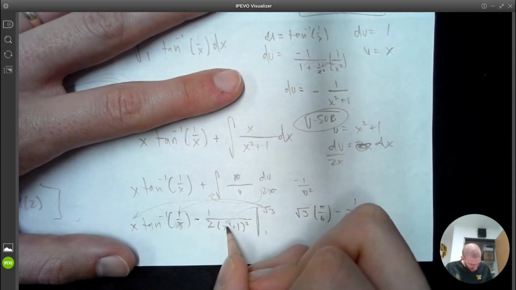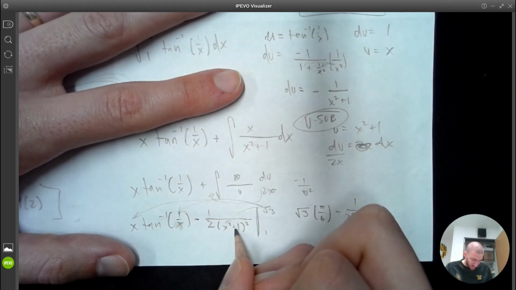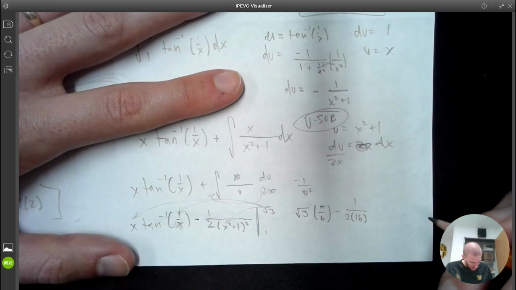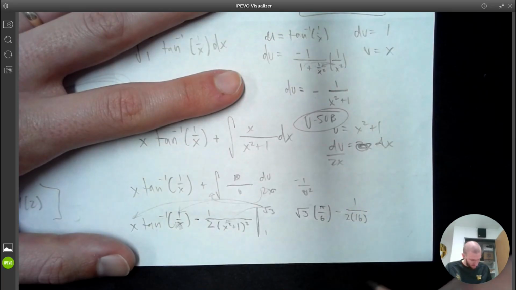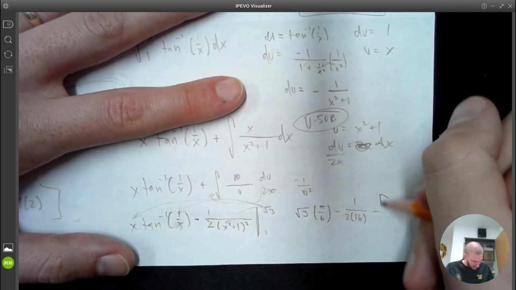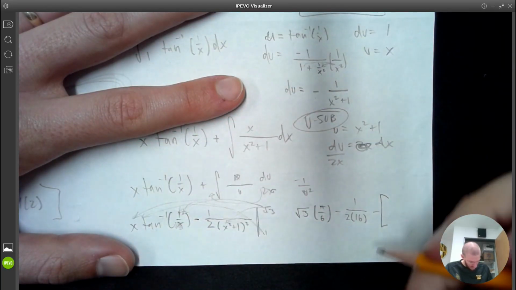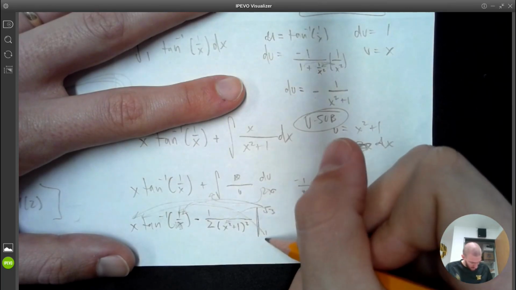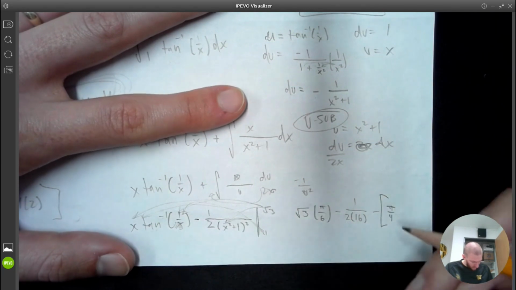Square root 3 squared is 3, 3 plus 1 is 4, 4 squared is 16. Okay, subtract away 1. The arctangent of 1 is pi over 4. That's super easy. 1 plus 1 is 2, squared is 4.